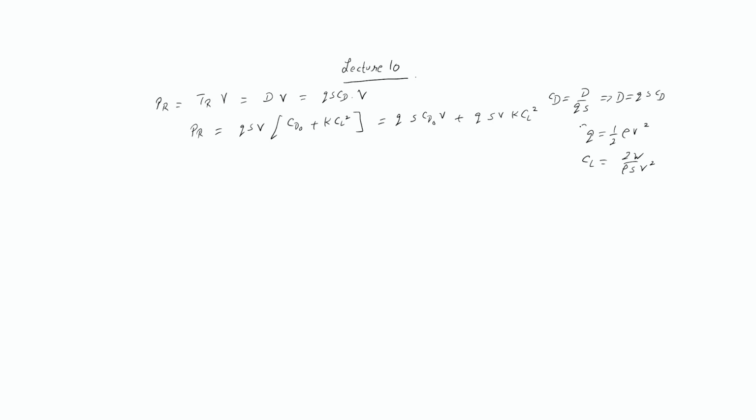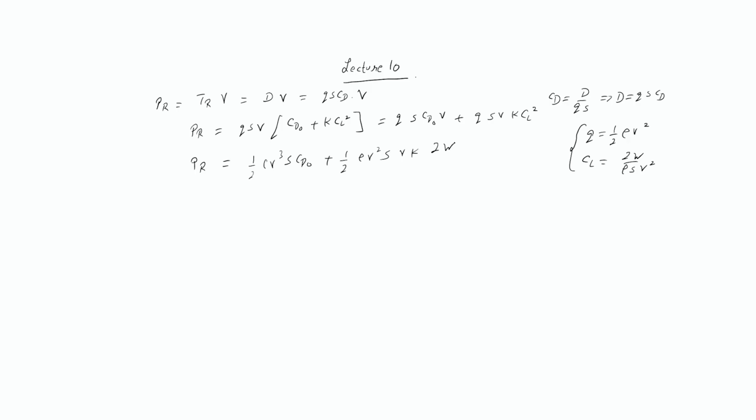So let us quickly put these expressions in the power required. Power required equals QS CD naught, or you can directly write half rho V square. So this becomes half rho V cube S CD naught plus half rho V square S V into K into CL square.